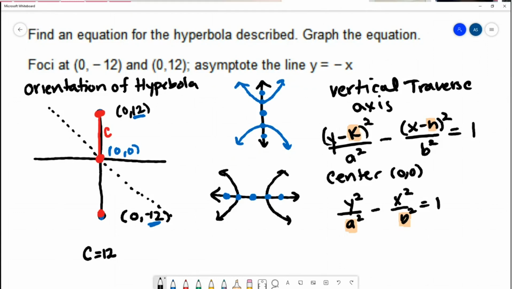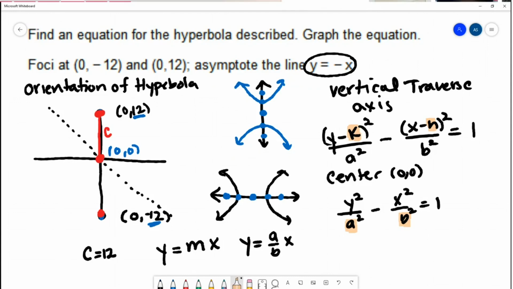I want to find the a and the b. As I said, it's a little bit more difficult because the only other information that we're given is this asymptote. With the asymptote, what we have to keep in mind is that the slope is going to be a over b in the vertical orientation. It's b over a in the horizontal orientation.